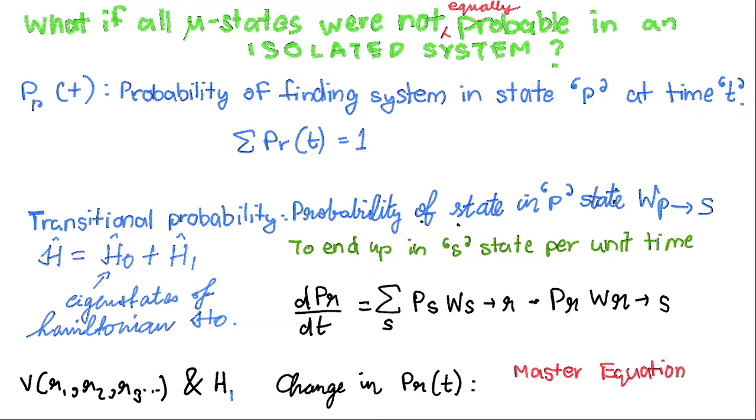So that's the way to think classically. And then PR, if you want to think classically, is a microstate with positions and momentums. If you want to think quantum mechanically, it's in one eigenstate PR, and it's going from one to the other.